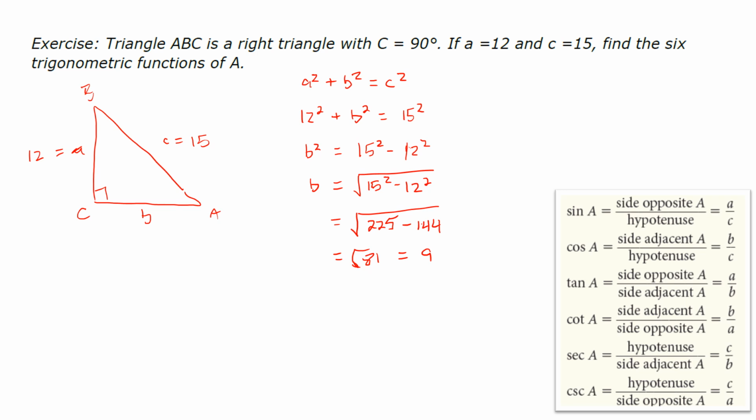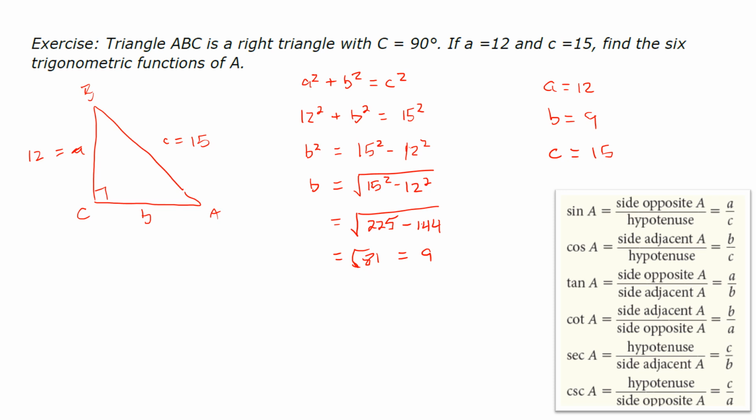And so now I know B equals 9. So A equals 12, B equals 9, and C equals 15. So using those three values, I can find the 6 trigonometric functions of A.